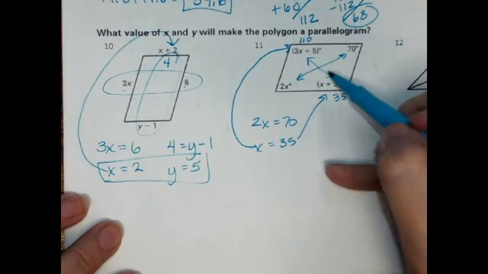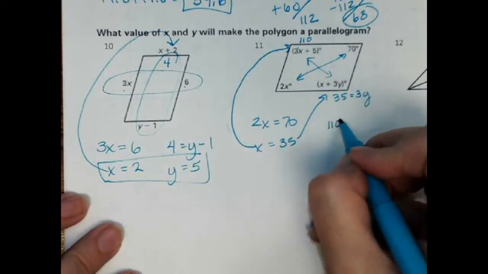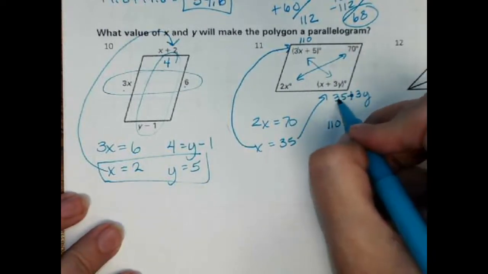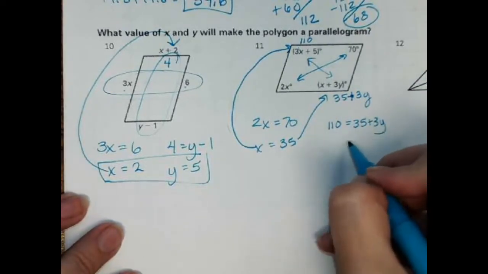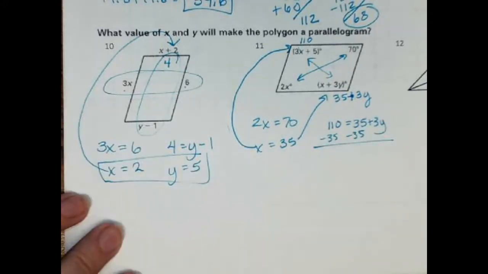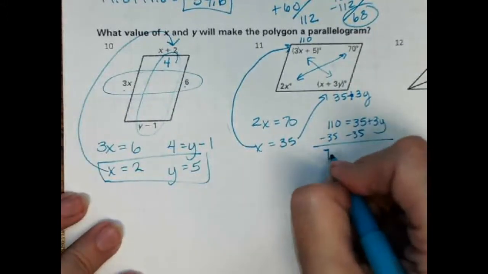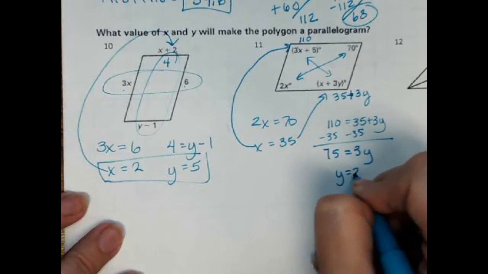Now I can set these two things equal to each other. 110 equals 35 plus 3y. Subtract the 35, and we get 75 equals 3y, divide, and you get y equals 25.